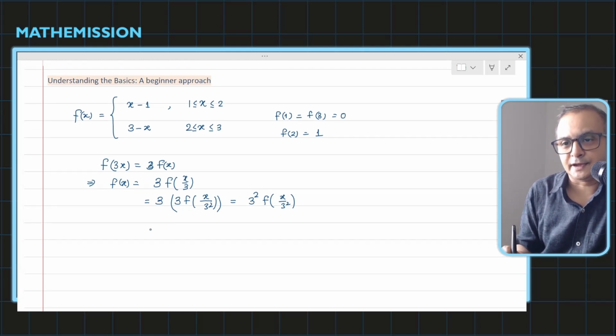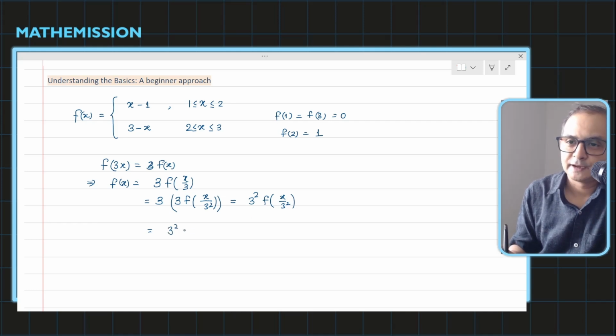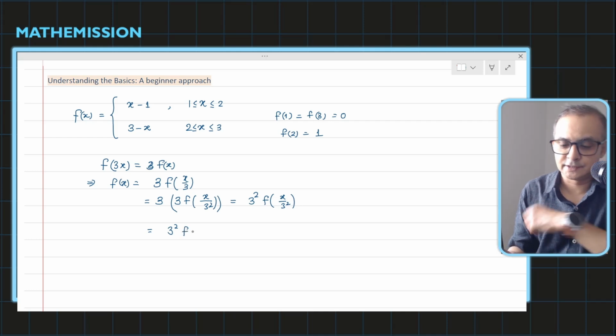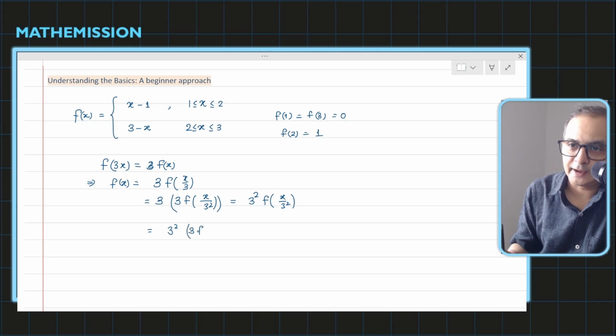Similarly, this part can be treated as the original f(x), and the iteration will lead us to write one more time 3 times f of 1/3 of the previous input, so it will become 3 to the power 3 f of x divided by 3 to the power 3.